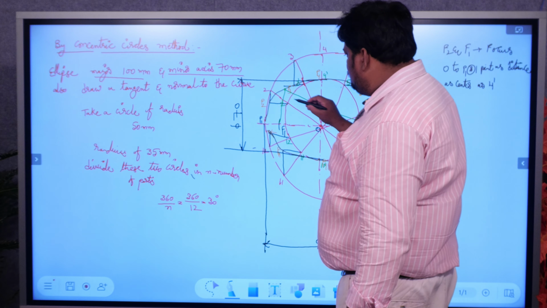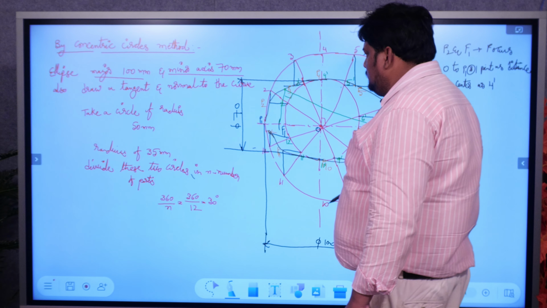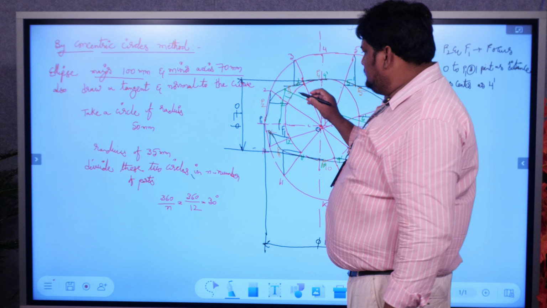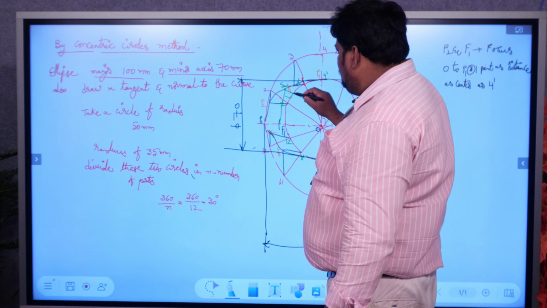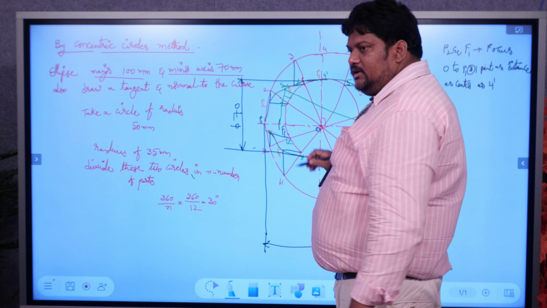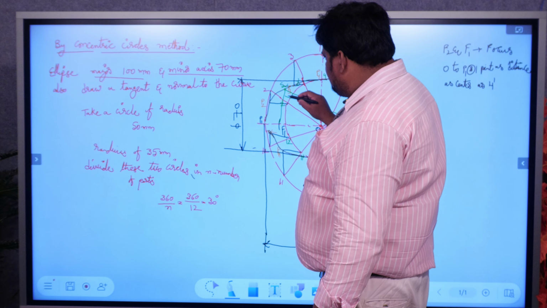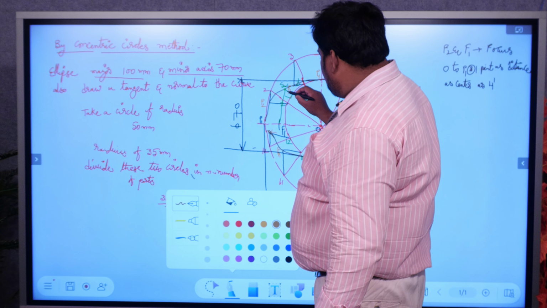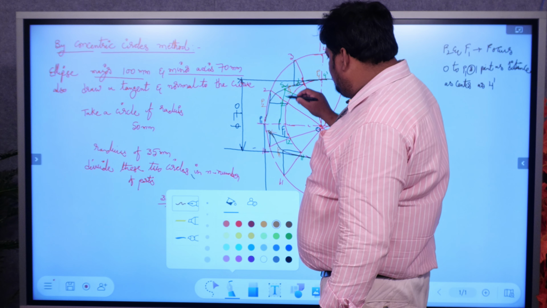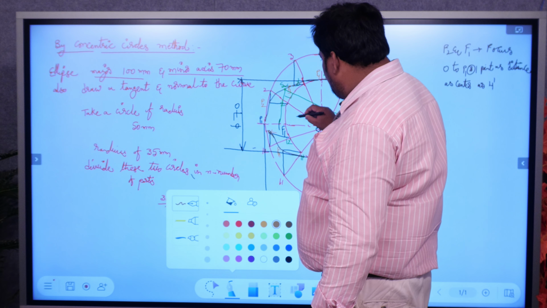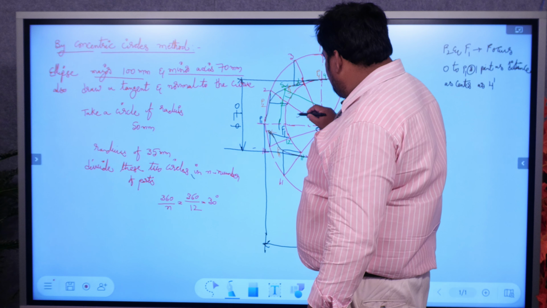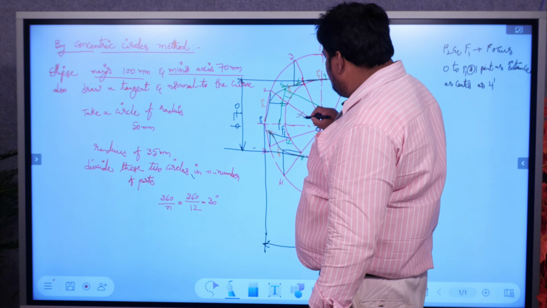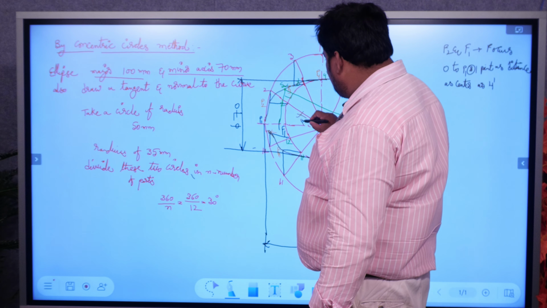This point is treated as S. Now taking F1 and F2 as centers with more than half the distance, you need to bisect arcs: an arc from F1 to S distance, and with F2 as center another arc. These two arcs will intersect at one particular point. That point is R.